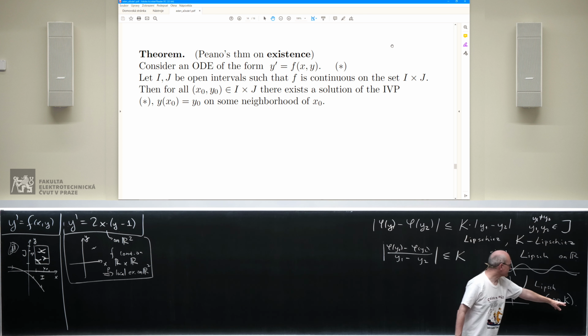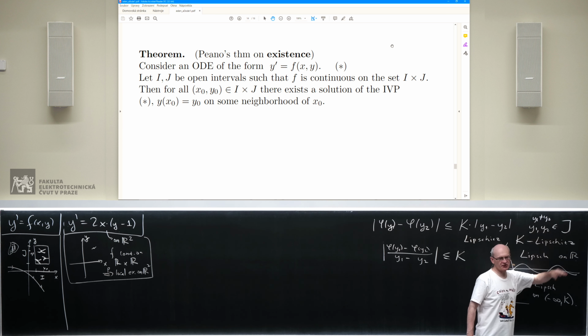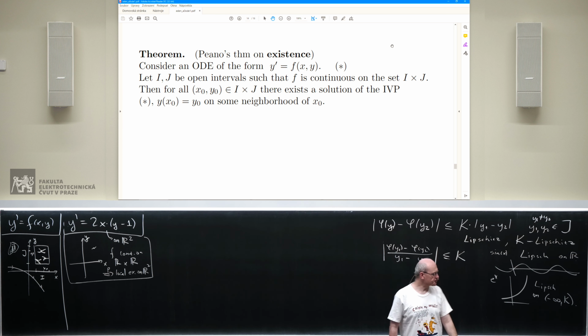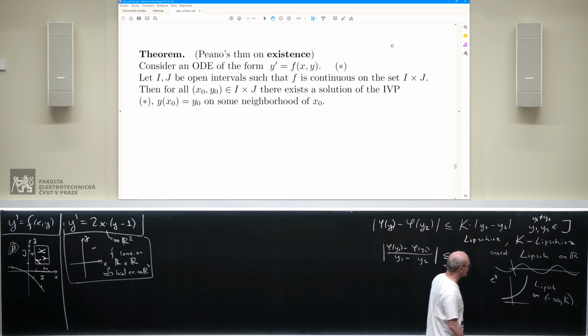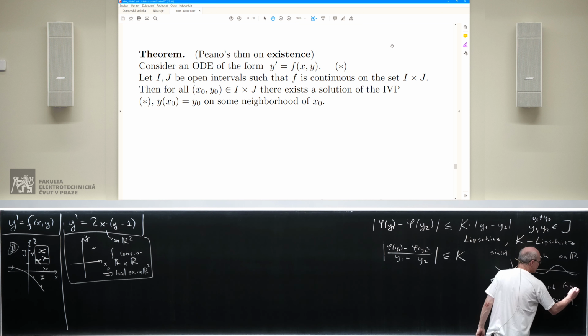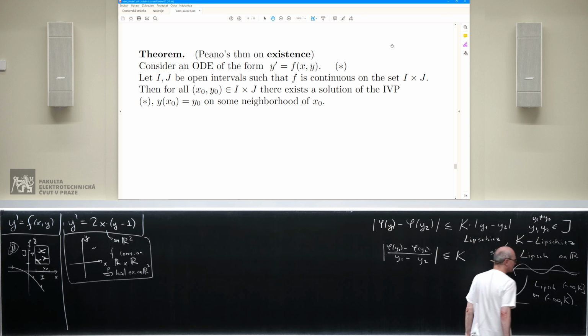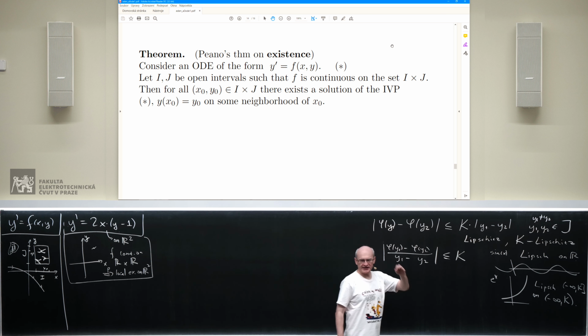Or you can close it if you want. It doesn't really matter whether j is open or closed. Okay? Actually, typically, people take it closed in applications. So let me put this as an alternative. Okay? So exponential is Lipschitz on bounded intervals.